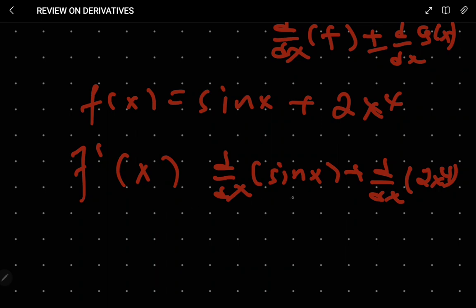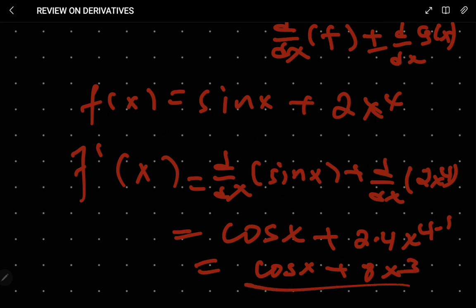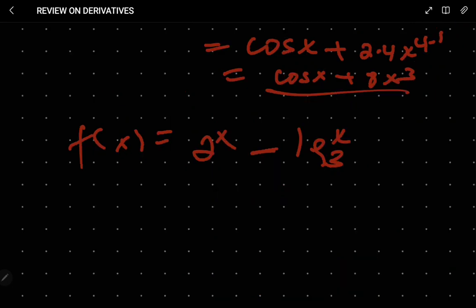What is the derivative of sine x? It is cos x, and the derivative of 2x raised to 4 is 2 times 4 times x raised to 4 minus 1. So this is the same as cos x plus 8x raised to 3. That's how you do it.